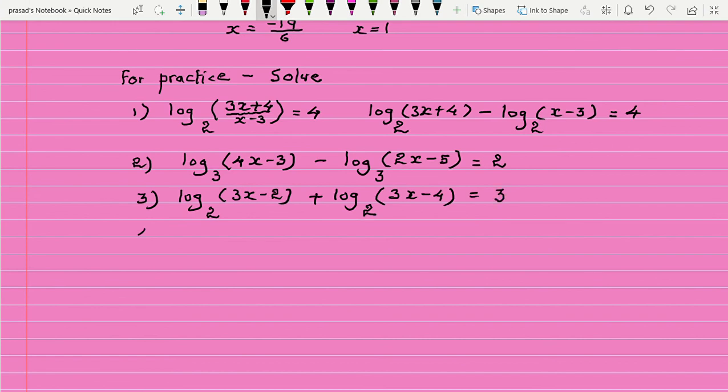And fourth problem, log x minus 4 to base 3 plus log 2x minus 11 to base 3 is equal to 2. So just try these problems for homework.